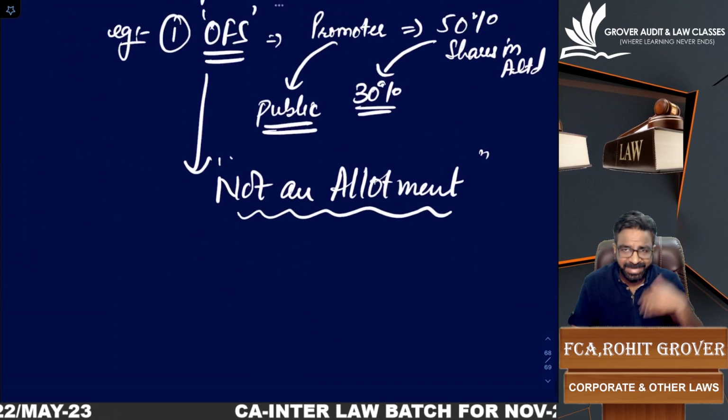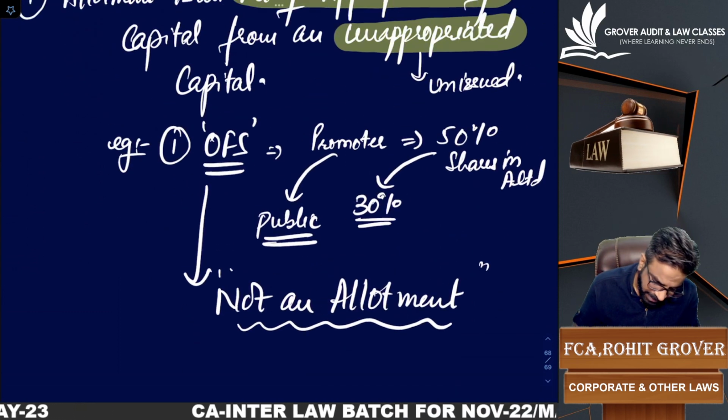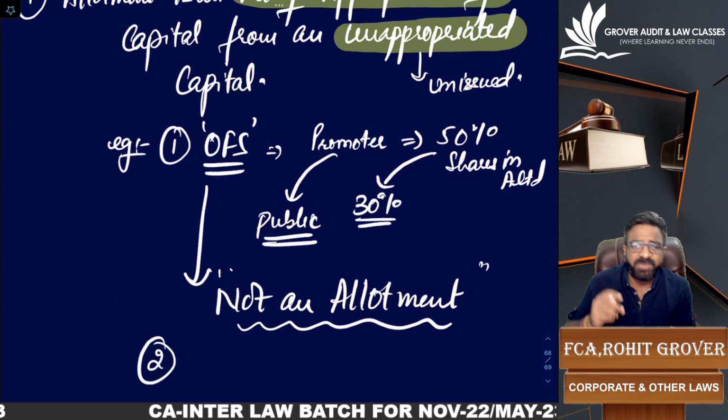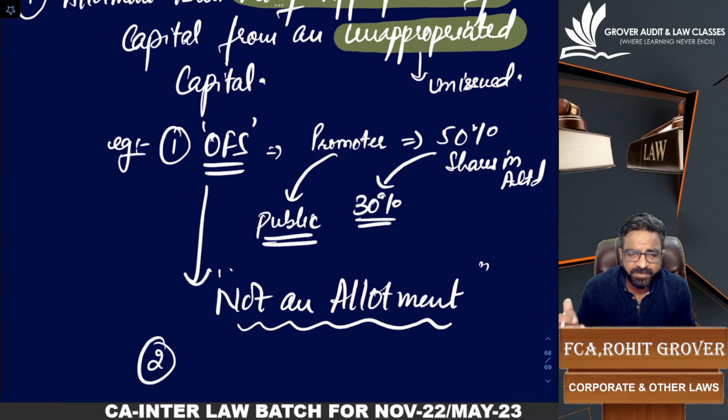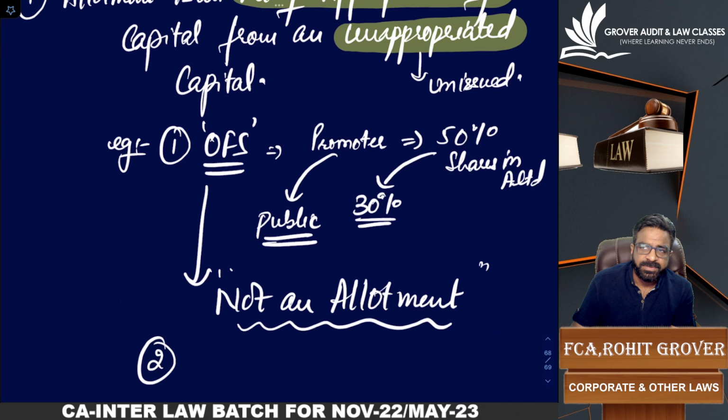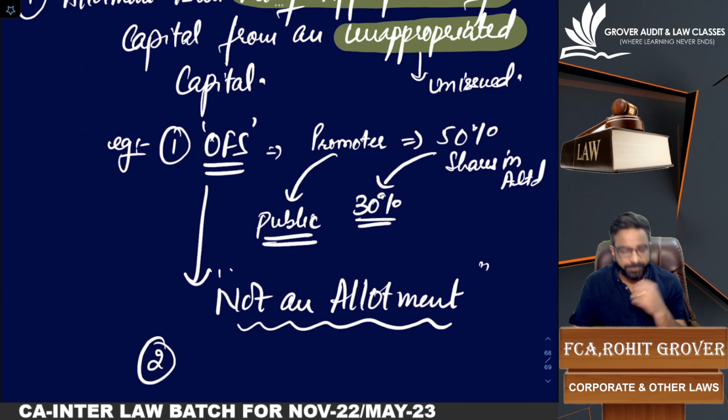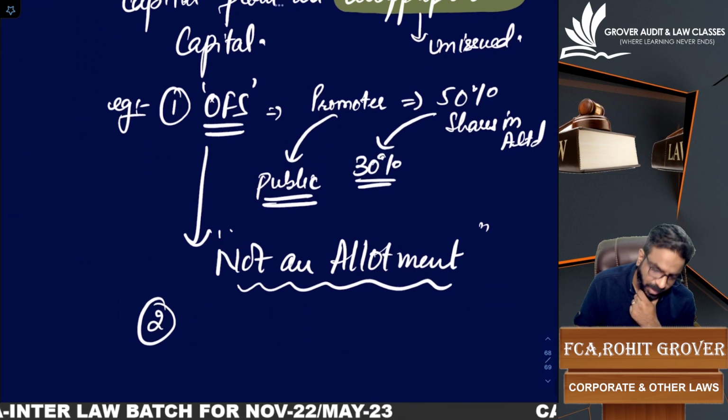Now, let me give you the second example. Can you please tell me when the forfeiture of shares takes place? When a member does not pay the call money. Yes, call money.